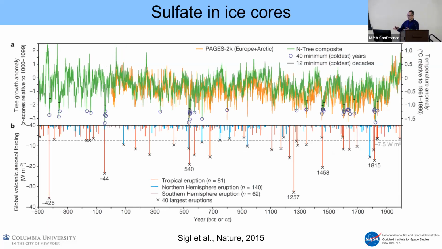What we can see is that we can link cool periods of time, that you see with circles in the top panel here, with the volcanic eruptions that we detect in ice cores, both in Greenland and Antarctica. Of course, correlation is not causation, but mostly we know that volcanic eruptions do cool the Earth's atmosphere, especially if they are big ones.